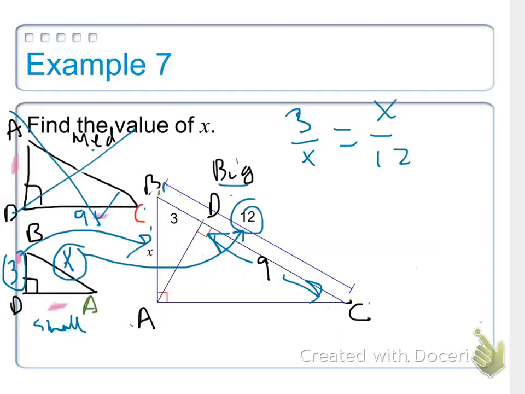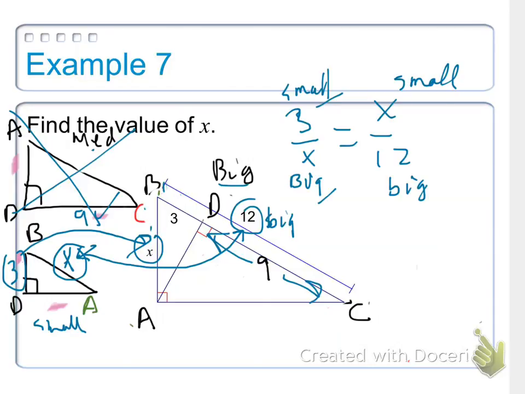Now remember, this 3 is in the small one, and this X is in the big one. This X, this one here, is in the small one, so I'm okay. And this 12 is in the big one. So I've got small over big, small over big. So we're in good shape. So let's cross multiply.